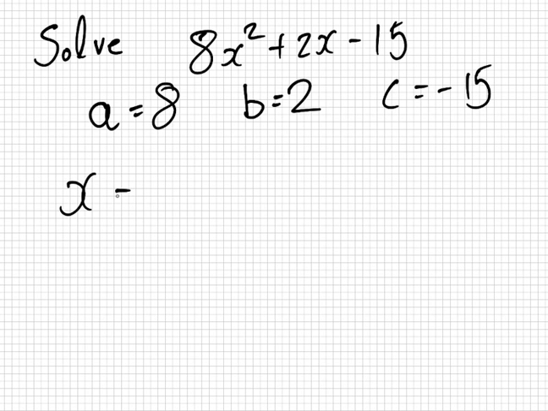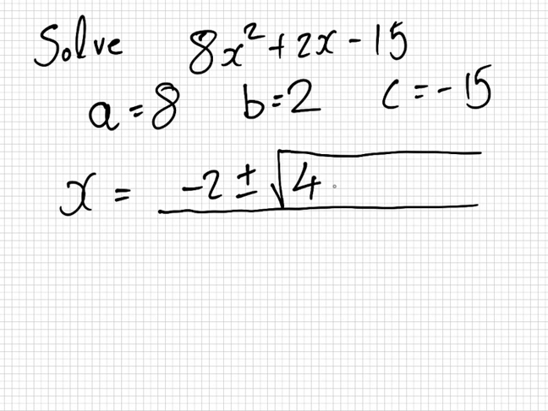So x equals minus b plus or minus the square root of b squared minus 4a, which is 32, times c, which is minus 15. So there's actually two minuses there. All over 2a, that's 16.